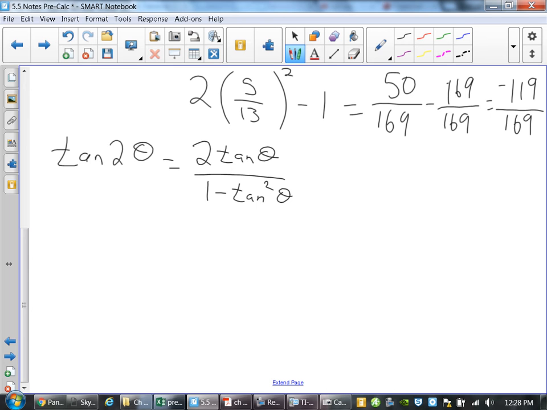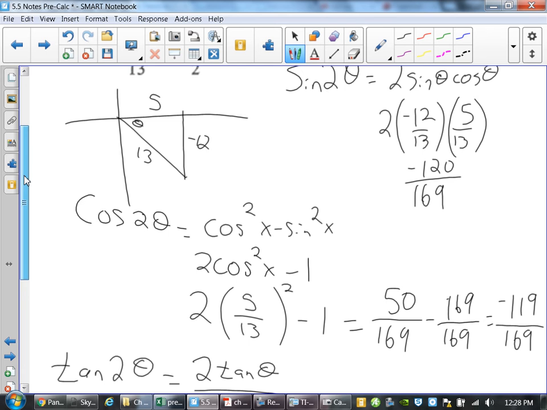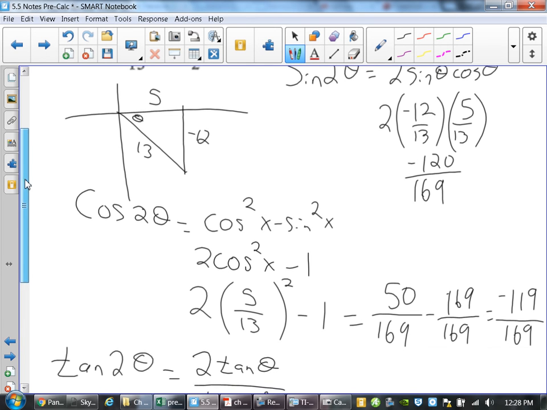In the book. So you can do it a couple of different ways. Tangent was negative 12 over 15.